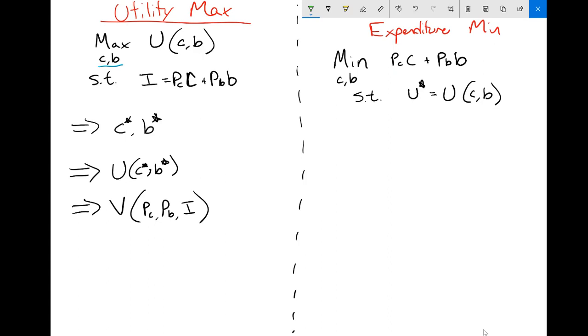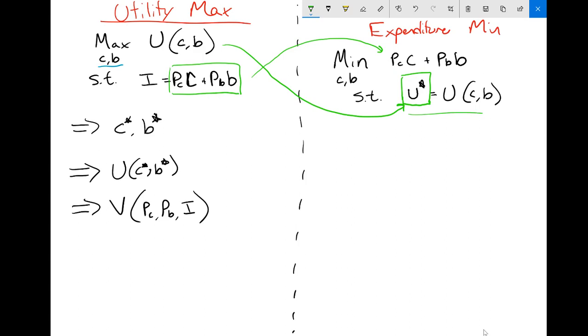Now we are minimizing expenditures. We're choosing C and B such that we spend as little as possible, and then we take the utility as the constraint. That is, we want to spend as little as possible such that we're able to achieve a given desired level of utility. So now utility is the constraint, and we are minimizing expenditures.